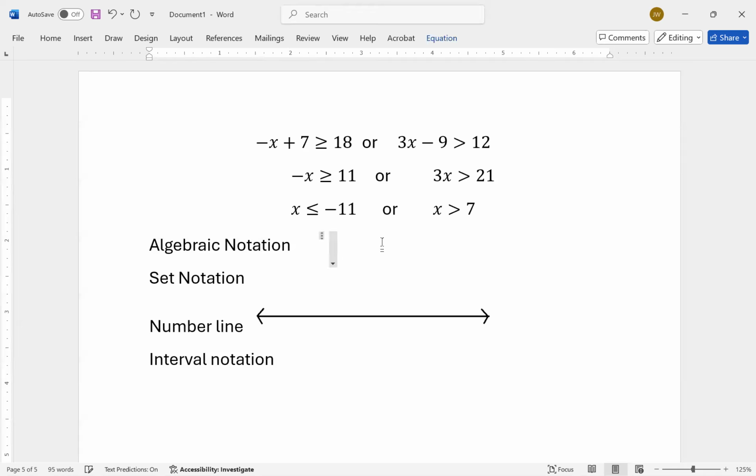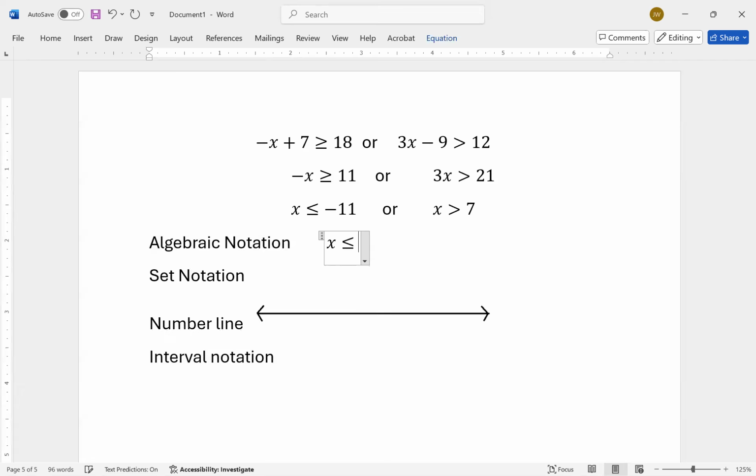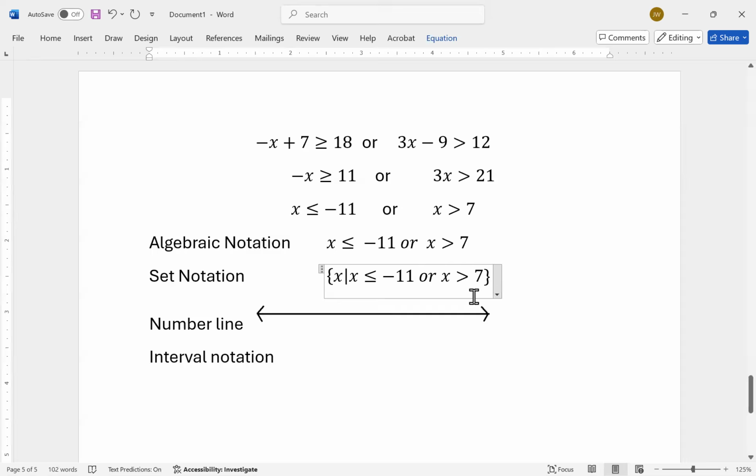That's the algebraic notation, x less than or equal to negative 11 or x greater than 7. The set notation is just the set of all x's such that that happens. For the number line, less than or equal to negative 11, we'd write a negative 11.